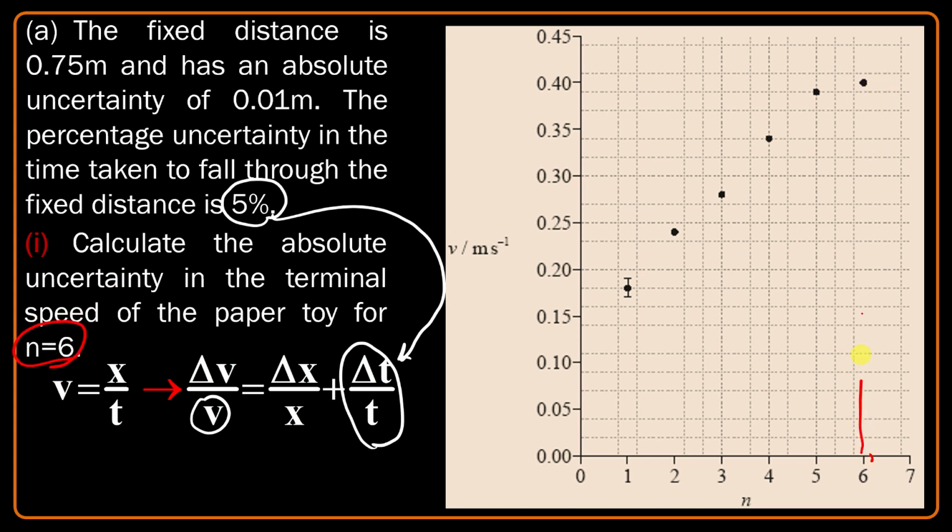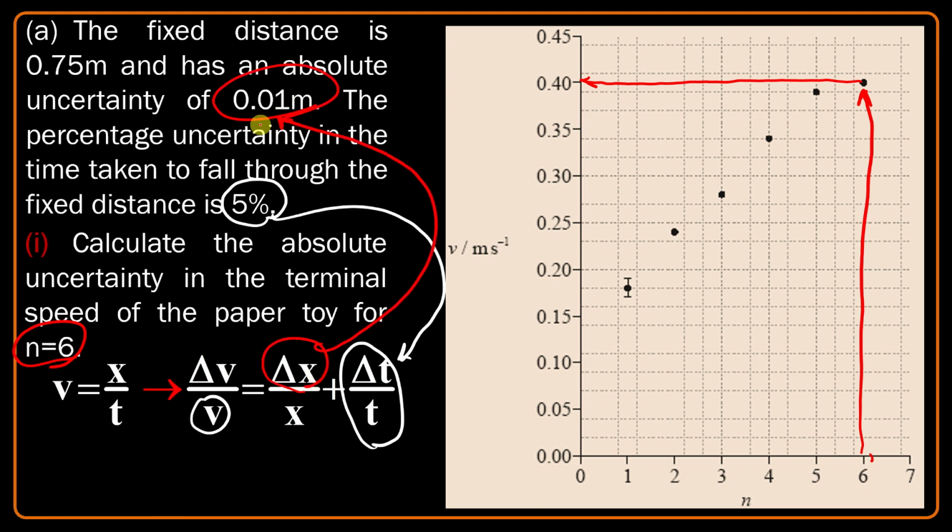So the velocity must be something like this, maybe 0.40. And delta x and x. Okay, delta x is the uncertainty in the distance given here, 1 centimeter, and x is given here, 75 centimeters.